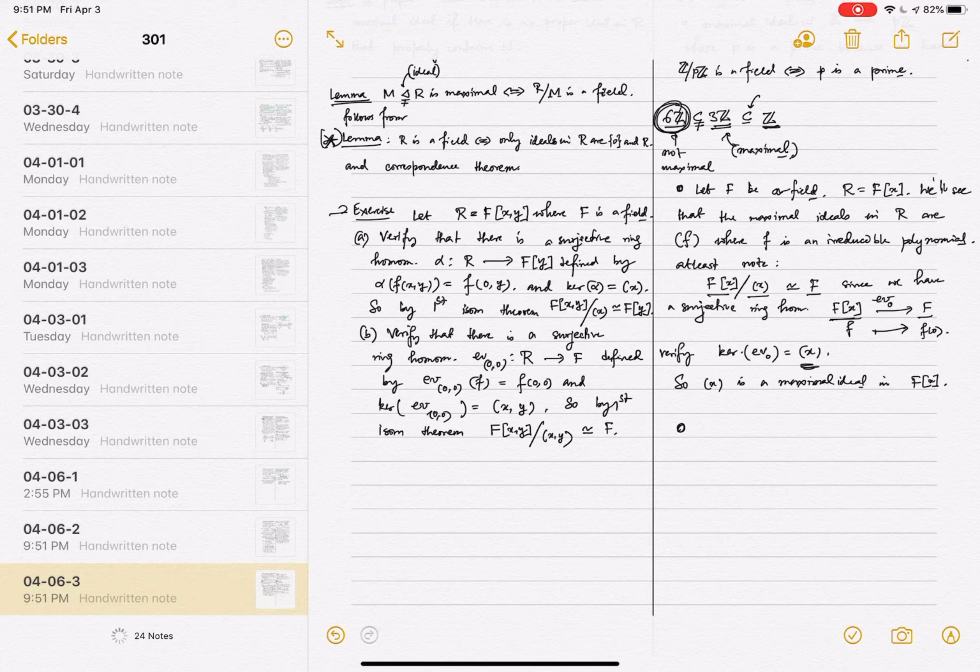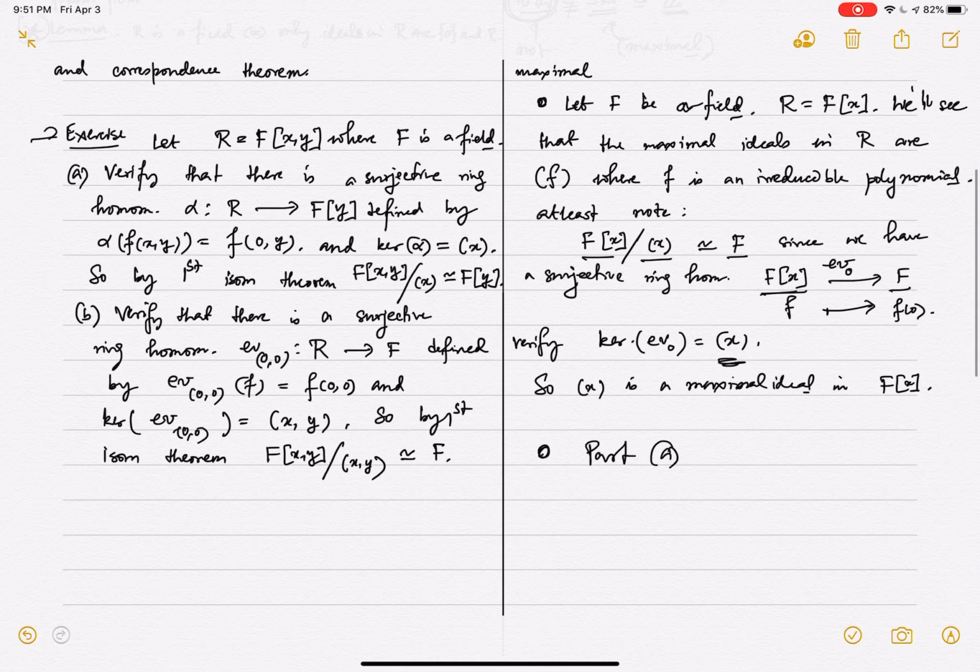Okay, so now that you have this, I can give you some examples of maximal ideals and non-maximal ideals in the two-variable polynomial ring. See, part A of the exercise says F[x,y] modulo this ideal is isomorphic to F[y], which is not a field.